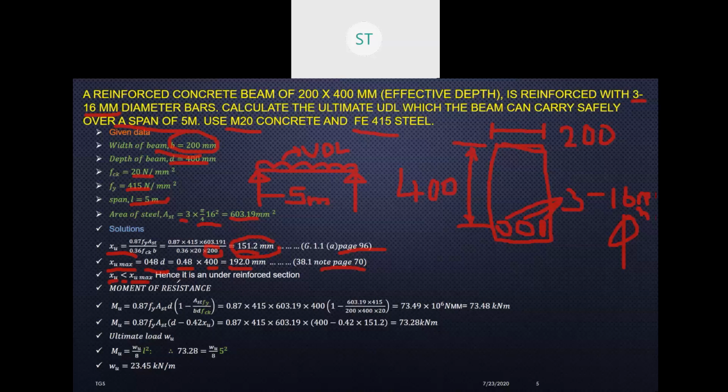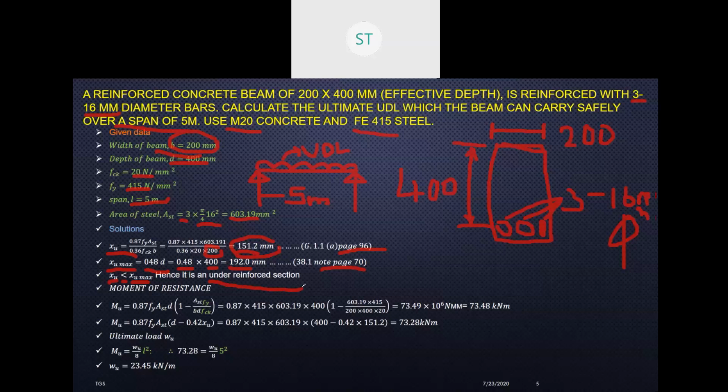Based on this, if Xu is equal to Xu max, it is a balanced section. If Xu is less than Xu max, it is an under-reinforced section. If Xu is greater than Xu max, it is an over-reinforced section. So this is an under-reinforced section.